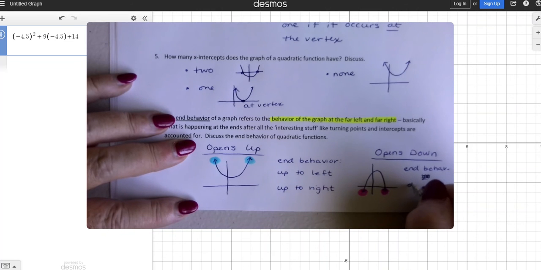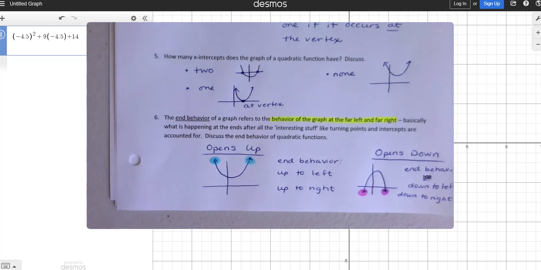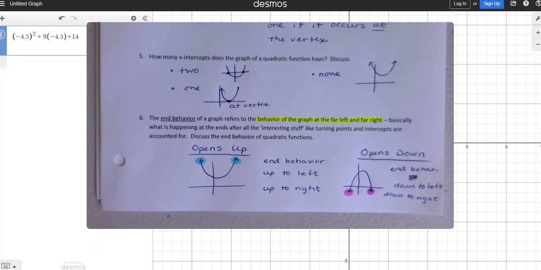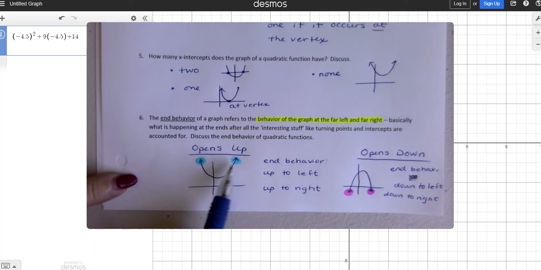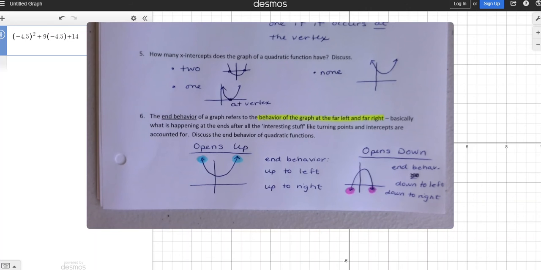I would say it goes down to the left and also down to the right. As we describe additional types of graphs this semester, we'll see that it's not always true that both ends do the same thing. And so describing the end behavior is going to be one way that we can start to give a very complete description of a graph.